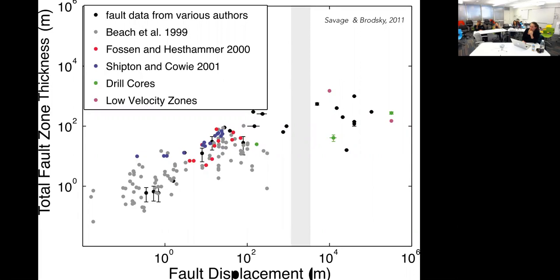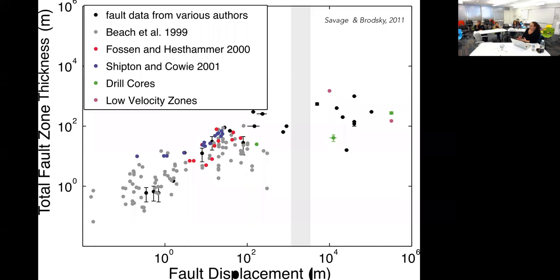And as the fault displacement increases to 100 meters and even up toward a kilometer, the fractured zone is increasing in width that whole time. So a fault that has an offset of about 1 kilometer would have a 100 meter wide damage zone around it.